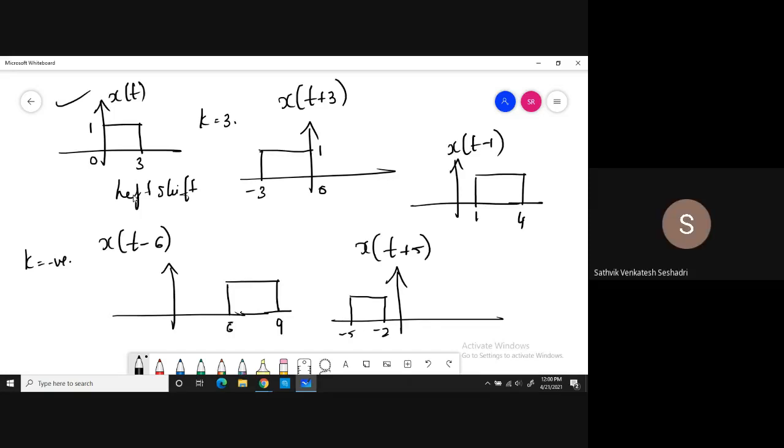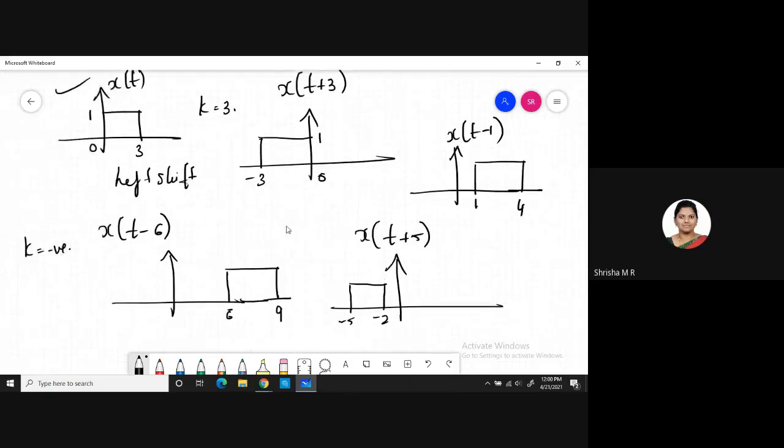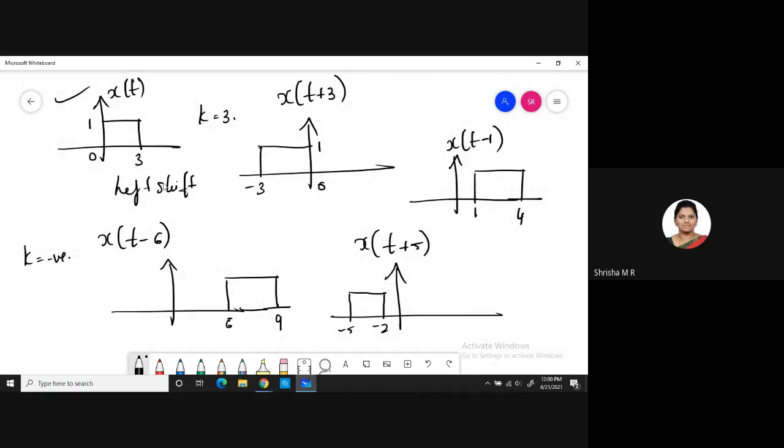Ma'am, we'll be doing proper questions on this, right? Yeah, these are just examples, but you'll have problems on these only. This is just shifting. You'll have scaling also, time scaling also. So if shifting is clear, we'll go to scaling. Is this clear?